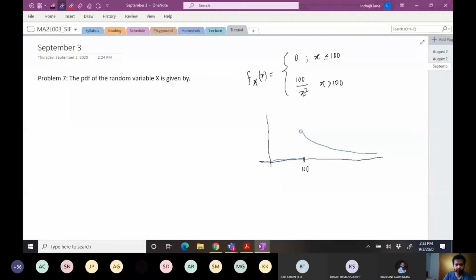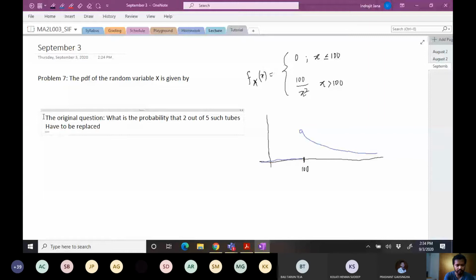Okay, so that is two out of five such tubes replaced within the first 150 hours.